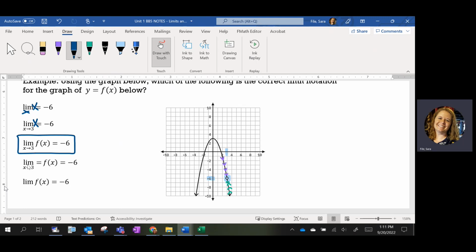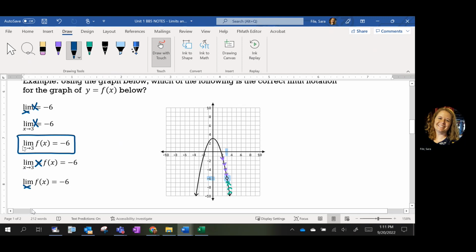Here we've got the limit as x approaches 3, but there's not supposed to be two equal signs here. That's excessive. And here we're missing again what x is approaching. So they all were either missing something or had an extra equal sign. This is the correct limit notation. Everybody okay with that?